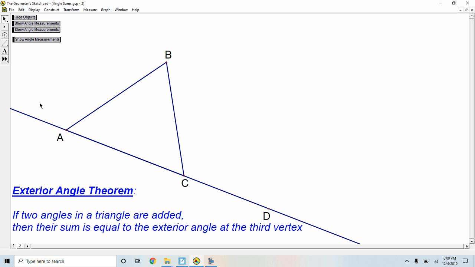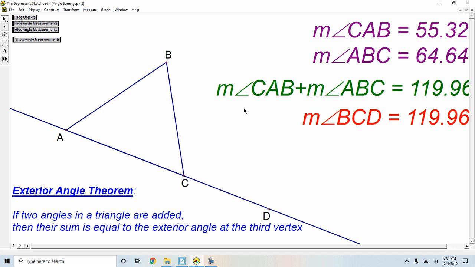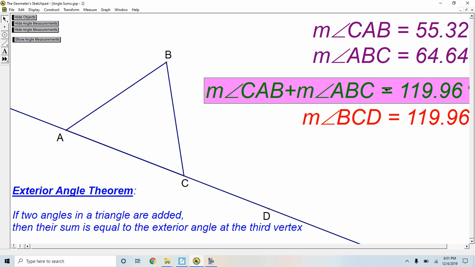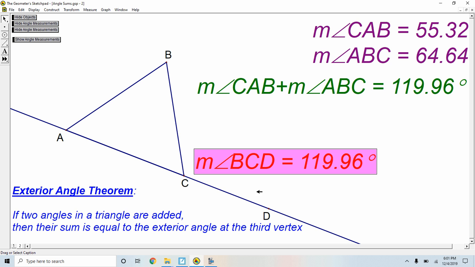And so if I measure angle A and angle B, and then I add angle A and angle B together, those two angles are equal to the measure of this angle BCD. So if I add angle A and angle B together, they're going to be the same measure as this angle out here, the exterior angle that exists at the third vertex.